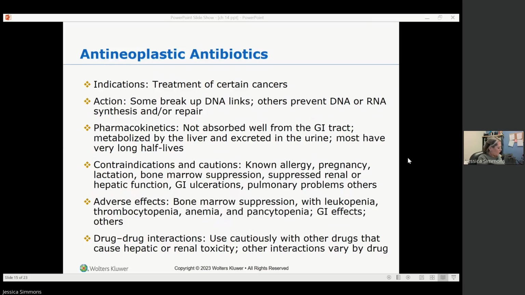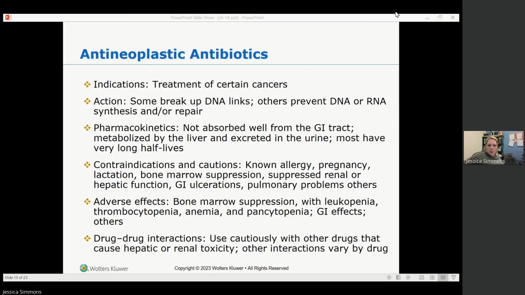Okay, so on page 346, there's alkylating agents. Let's see. So treatment of certain cancers, some break up DNA links, others prevent DNA or RNA synthesis and or repair. They're not absorbed well from the GI tract.